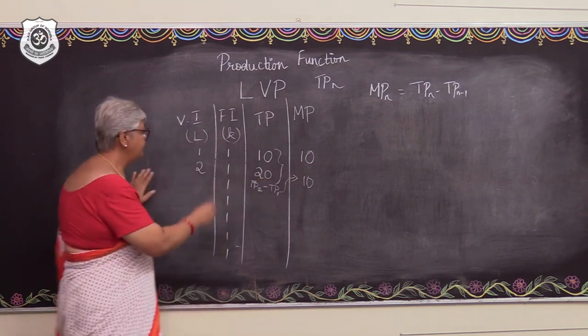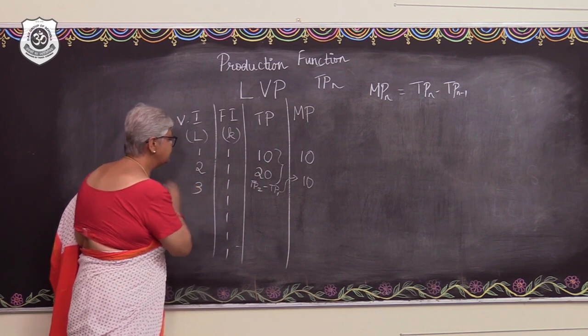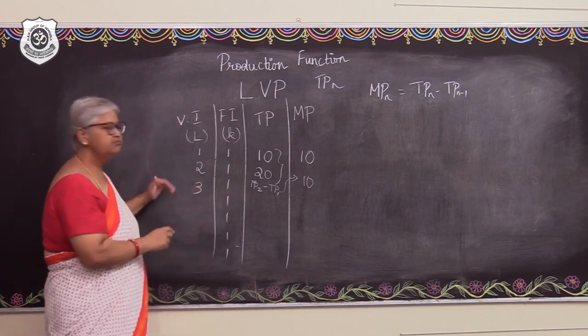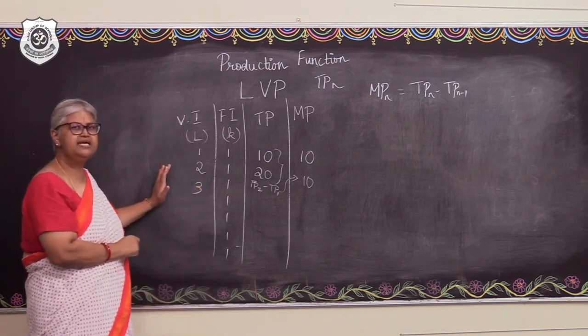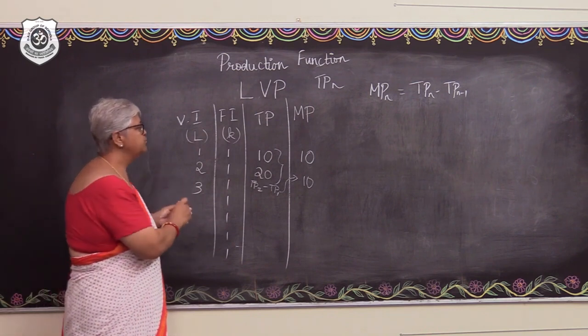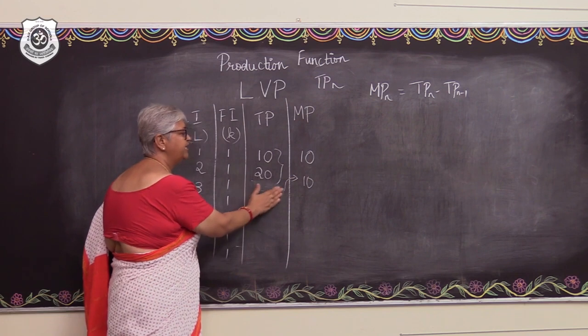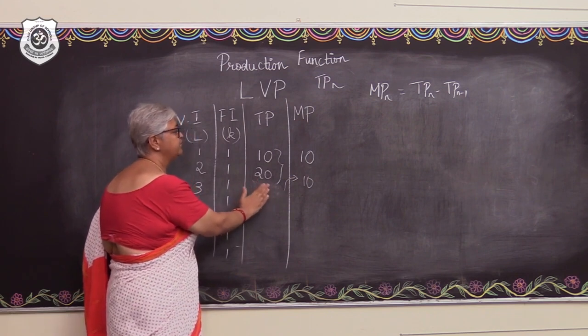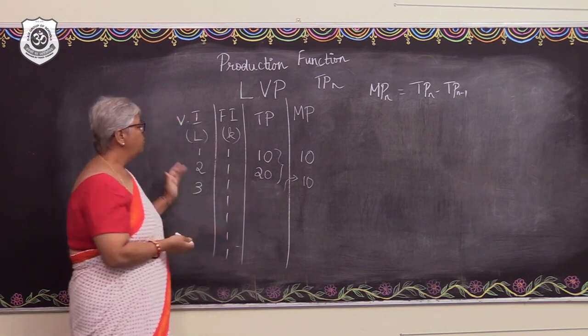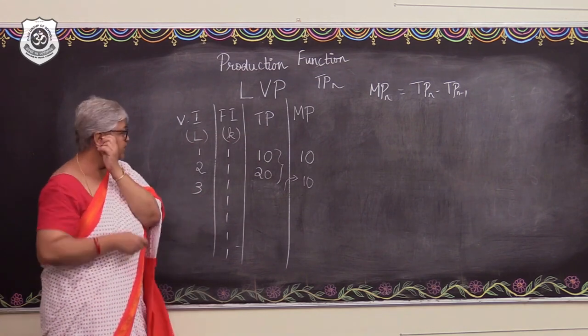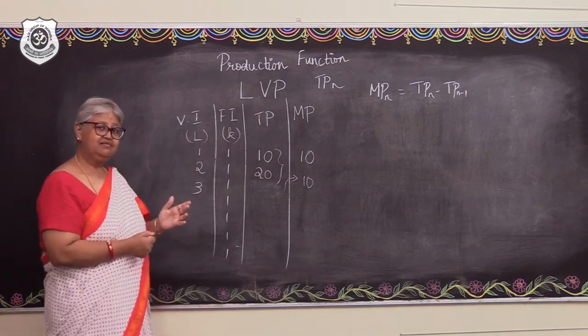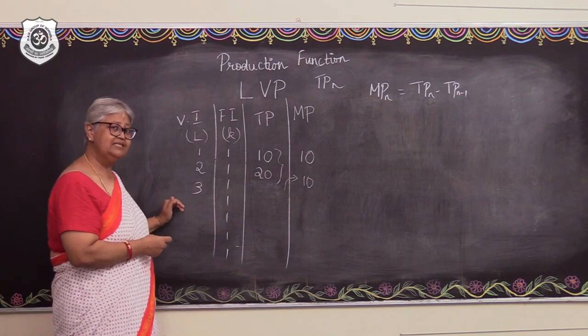Now, subsequently, when we move on to the next level of variable input that is going to be engaged in the process of production, what is going to happen? Because of this one more unit of variable input that's hired, there is going to be less contribution made by this third person.